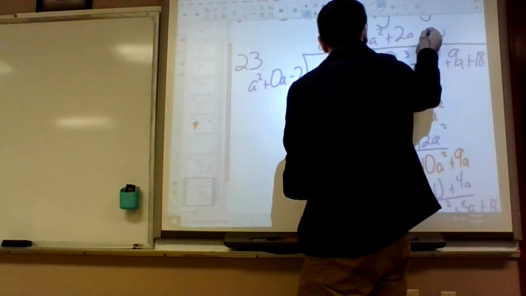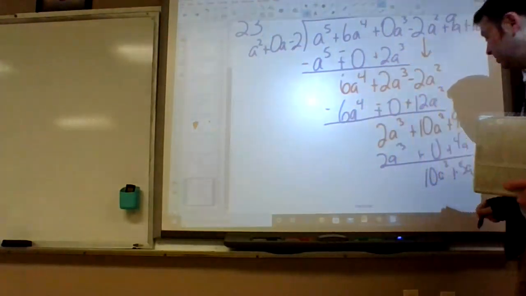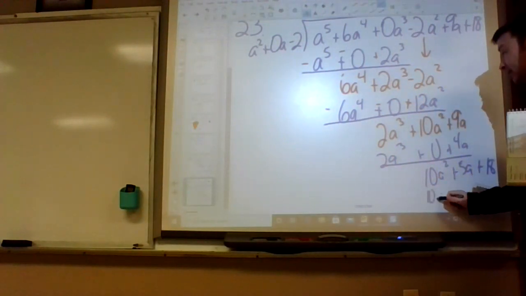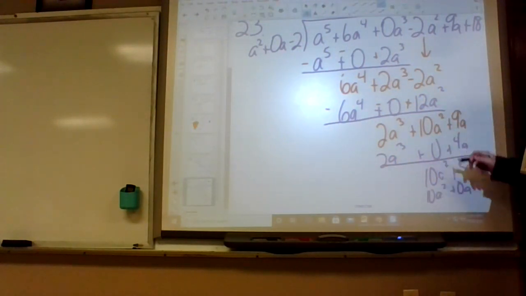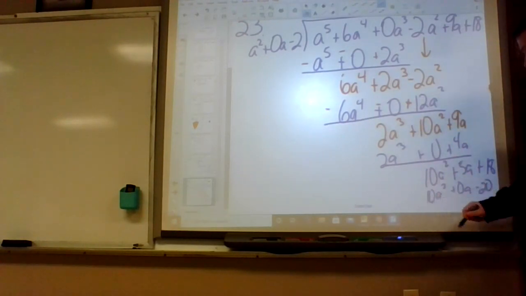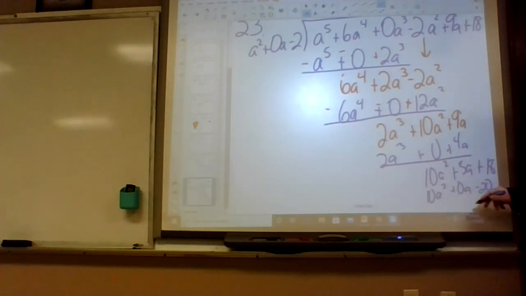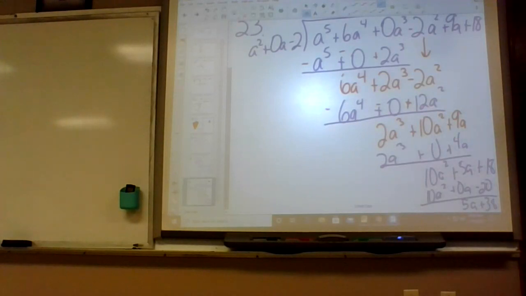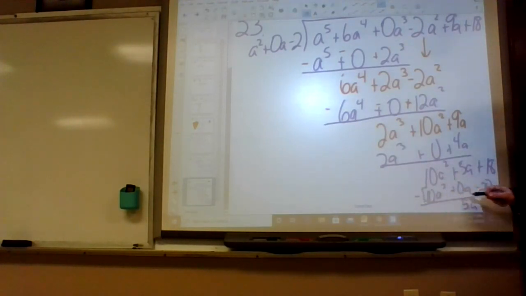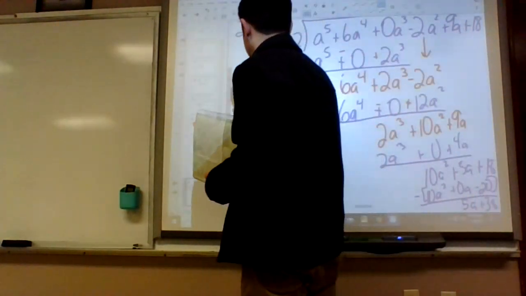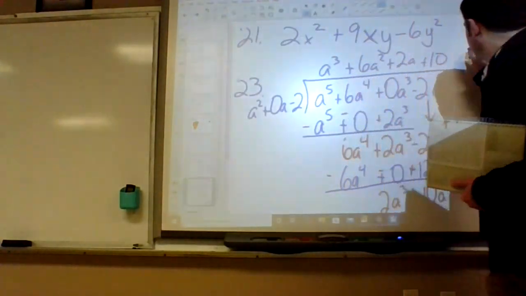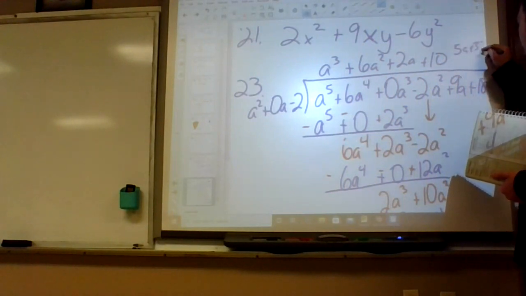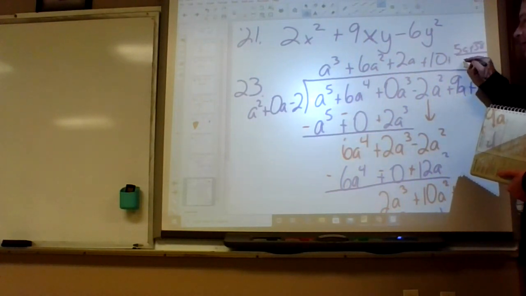I gotta move the page. 10 times that is 10a squared plus 0a minus 20. So, if I subtract, I get 5a plus 38. That's the remainder. Can't divide that by an a squared. So 5a plus 38 over a squared minus 2.